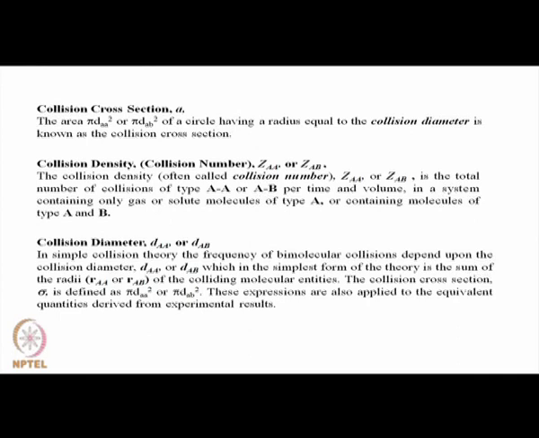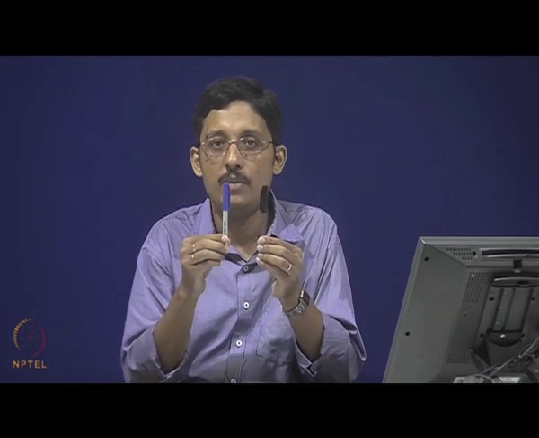So collision density is often called collision number, which is nothing but the total number of collisions of type AA, that is, an AA molecule collision like this, or an AB molecule.